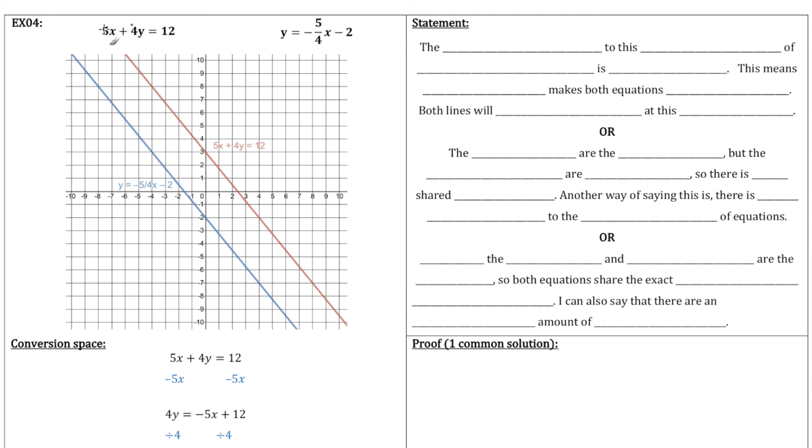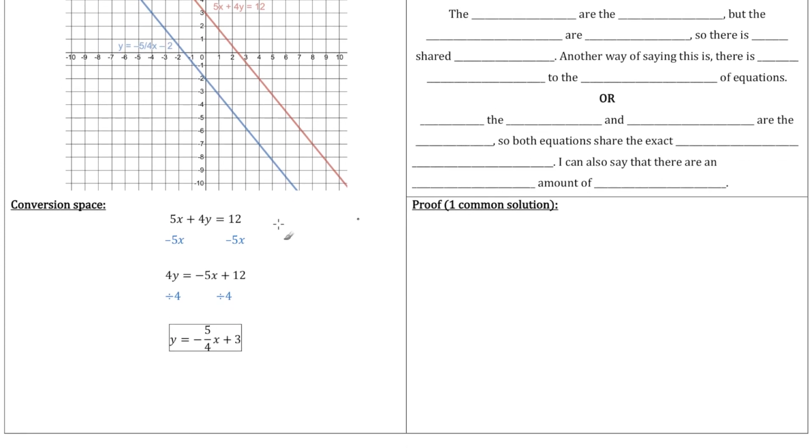So we have this equation. This time it's actually in reverse. This one is the red one, and this one is the blue one. So I converted this red one, if you can tell down here.